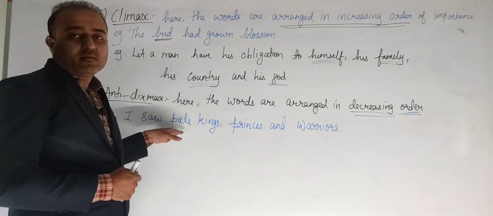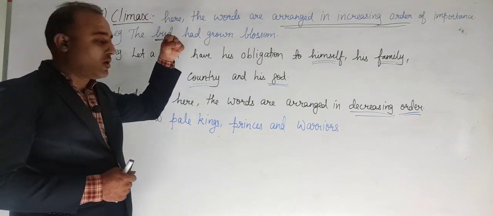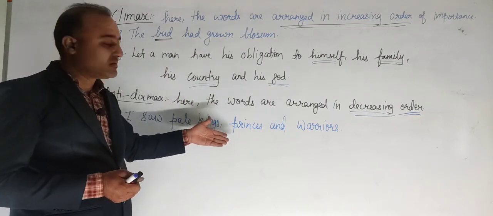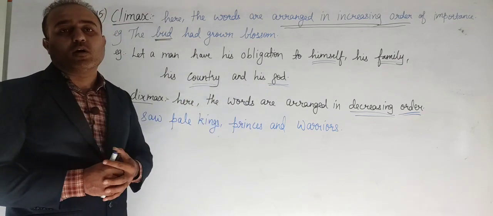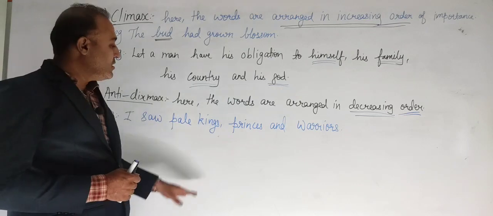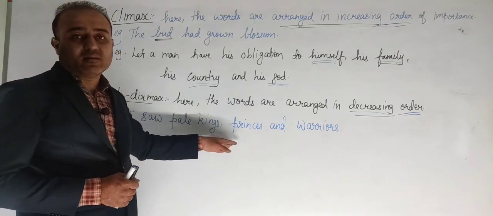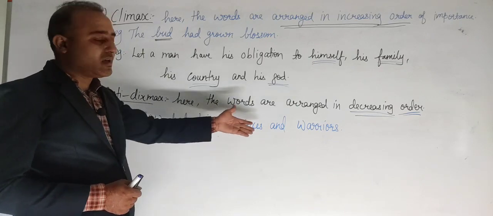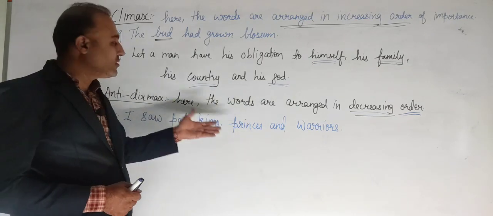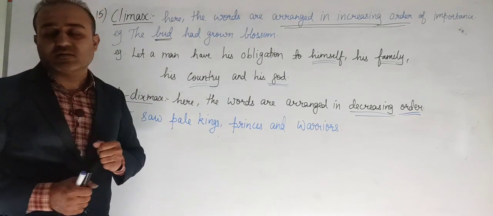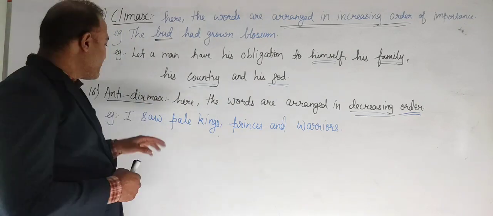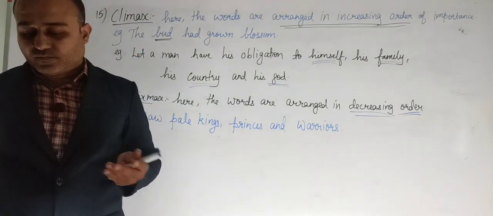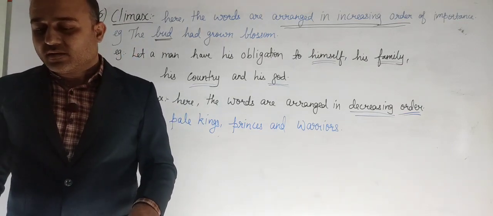Again we know that kings are always at the top, then come the sons of the king, that is princes, and the warriors are at the bottom level. So the sentence contains decreasing order, and when the words are arranged in decreasing order, the figure of speech used is anti-climax. Okay, so this is about anti-climax.